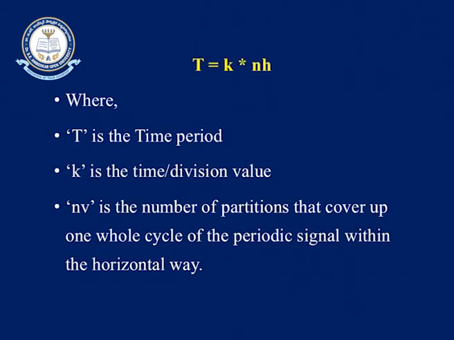So the formula is T is equal to K times N. Here T is the time period, K is the time per division value, and N is the number of partitions covered by the whole cycle of the periodic signal. Next is the measurement of the frequency.